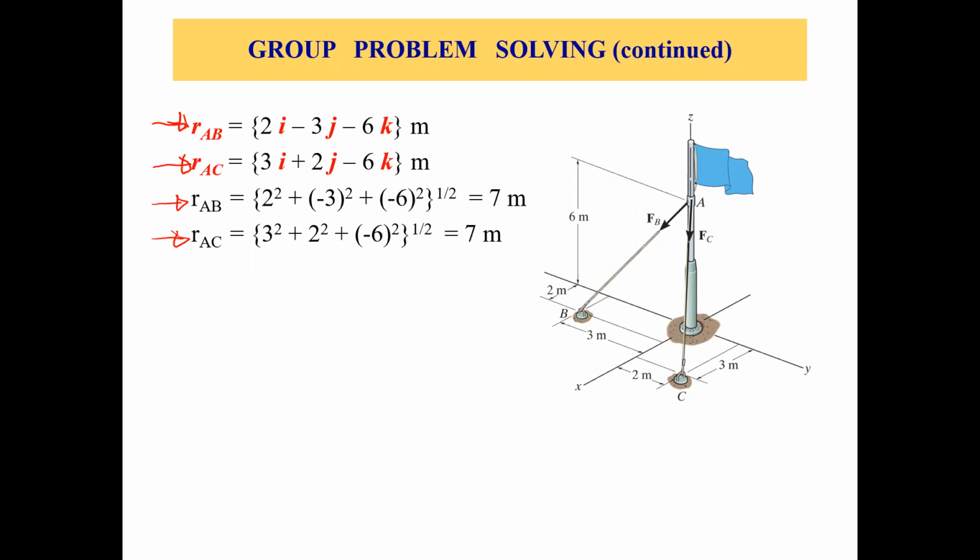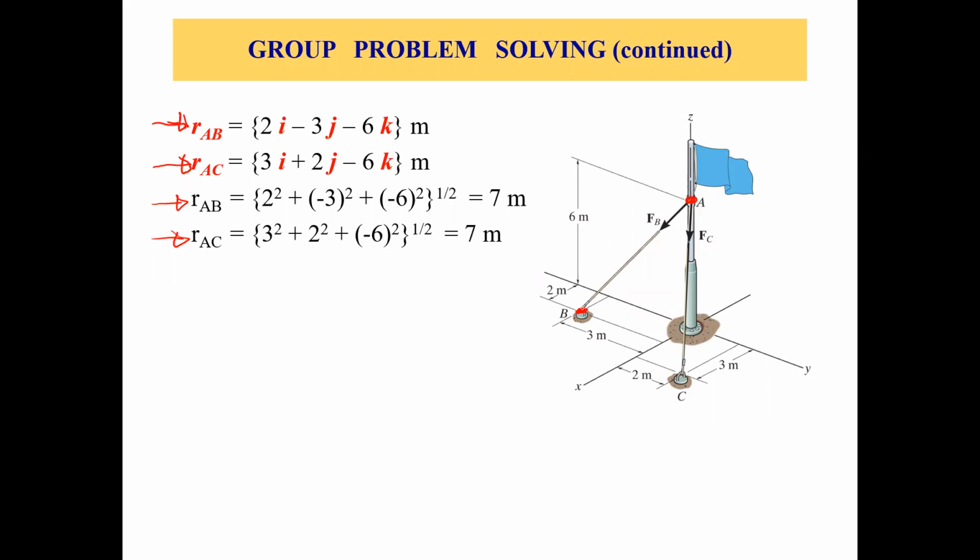RAB is the position vector from point A towards point B. This is point A, this is point B. And again we will use the tip to tail rule. Don't forget tip to tail.